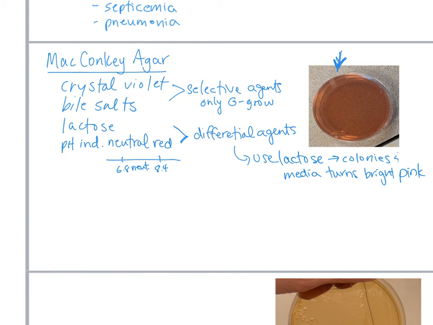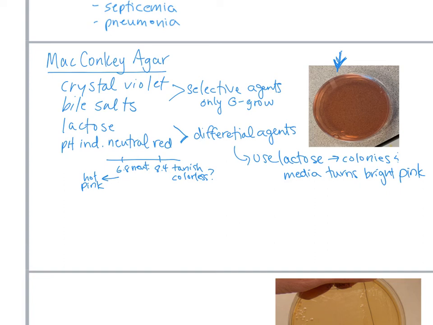Above 8.4, it gets to be a hard color to describe, kind of tannish, maybe colorless, not totally clear, a little tannish, kind of yellow. And below 6.8, in acidic pH, it's usually kind of a hot pink. Sometimes that looks a little bit more red, depending on what else is in the media.